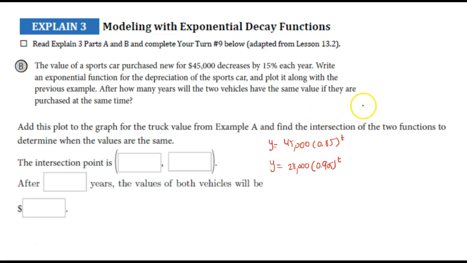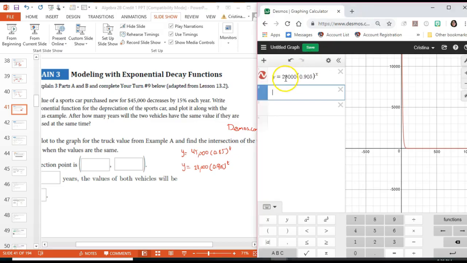Again, we're going to use Desmos.com to graph these out and see exactly when both of these vehicles will be worth about the same amount. Going back to Desmos, I have the equation from my last problem.